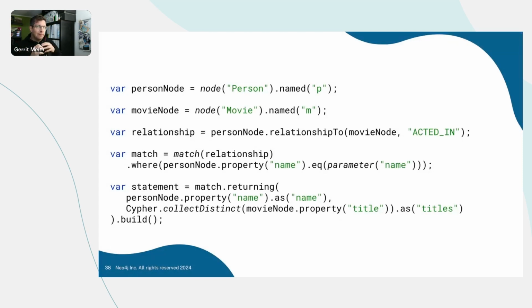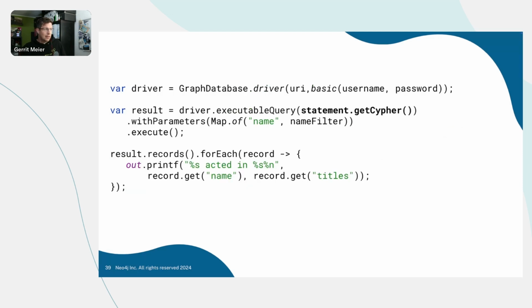This is even more beneficial if you're doing the creation of statements dynamically, so depending on some conditions and similar. You can extract some parts, add some parts, or leave out some parts. And in the end, we build the statement to have something runnable for the driver.